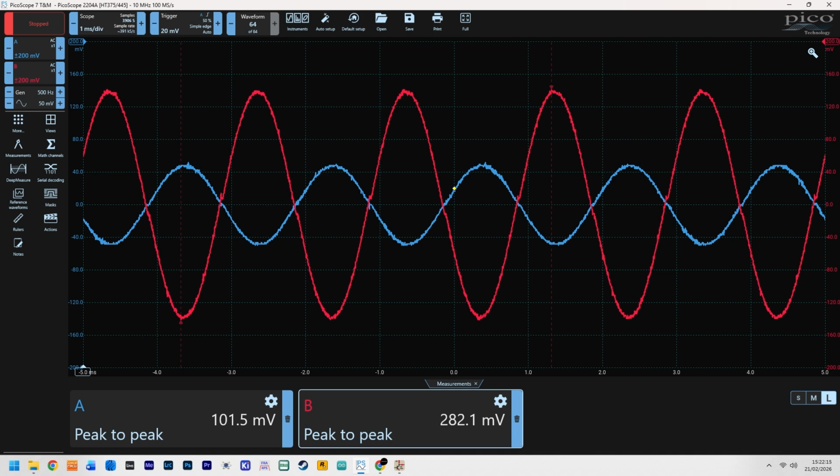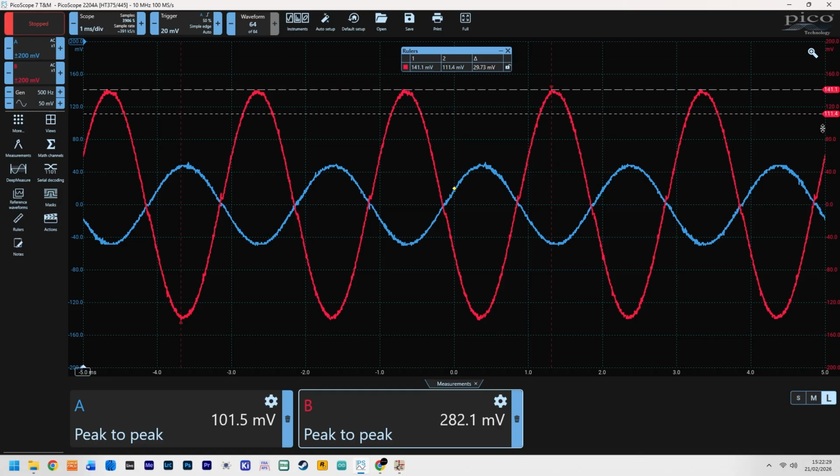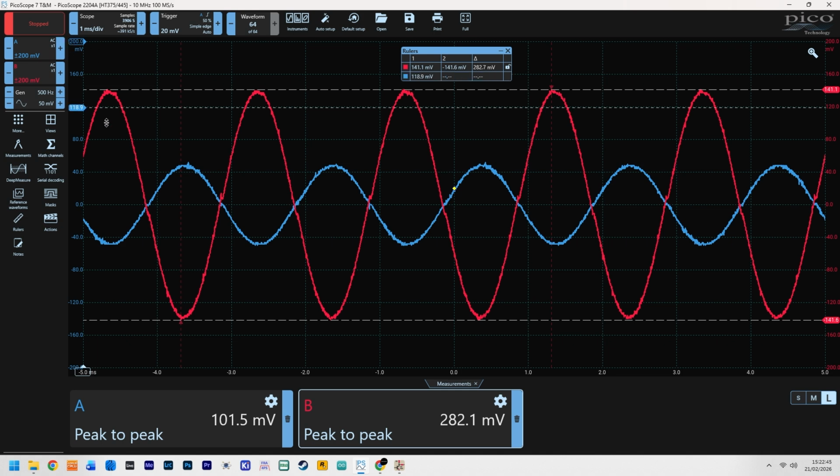We've got symmetric waveforms going on here. If we bring these rulers down, we can see that we've got 141 positive and 141 negative, which is symmetrical. The same above 0 as below 0.